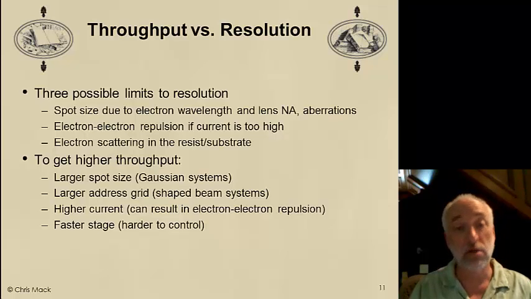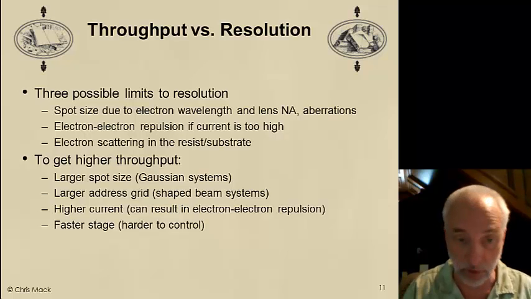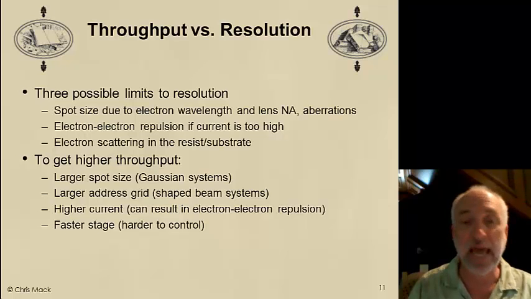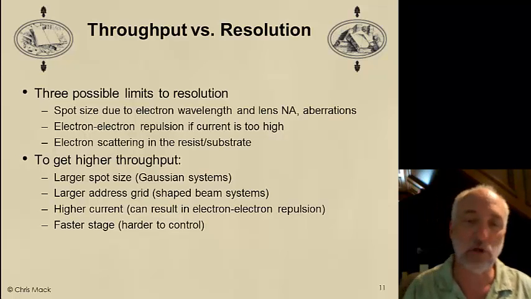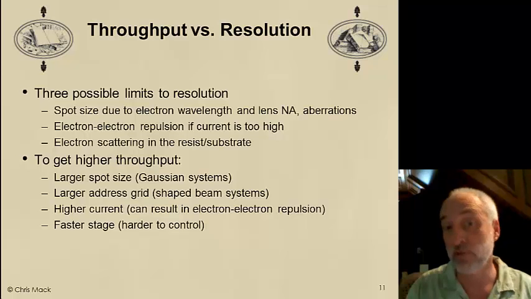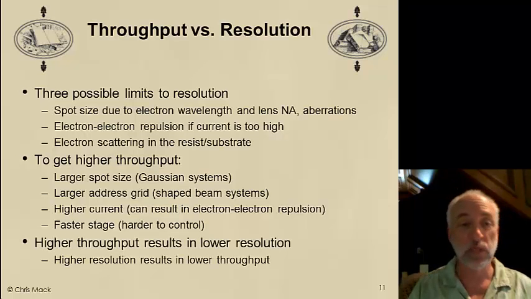A higher current can result in electron-electron repulsion, which can lower your resolution. We can also get higher throughput by having a faster stage, but then faster stages sometimes are harder to control. So you see that there's a number of ways in which we have a trade-off between resolution and throughput. In general, higher throughput results in lower resolution, and higher resolution results in lower throughput.